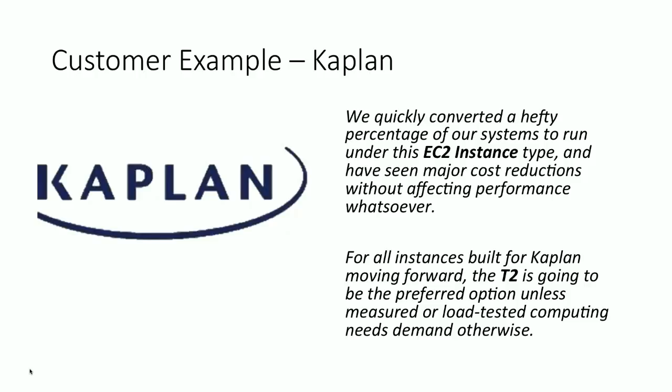Rather than having to make a fundamental or significant change to the environment, Kaplan were able to change the EC2 instance type they were using to T2 by just a series of API calls. Immediately upon changing to the T2 instance type, they achieved significant cost savings and reductions by moving to that instance family. And going forward, Kaplan now uses T2 as the go-to EC2 instance type, aside from special use cases where they might need the larger instance families.